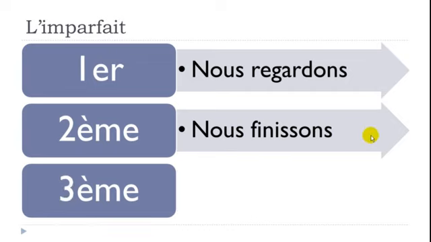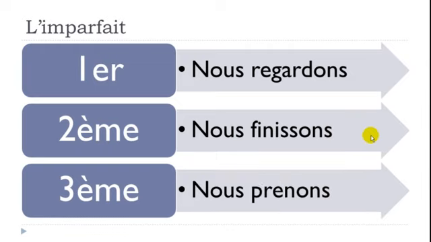And then for the third group of verbs, I took prendre. Prendre is to take, okay? And it goes like nous prenons. All right? So nous regardons, nous finissons, nous prenons. So the reason why I wanted you to see the nous form is just because that's the form we will use to construct the imparfait.